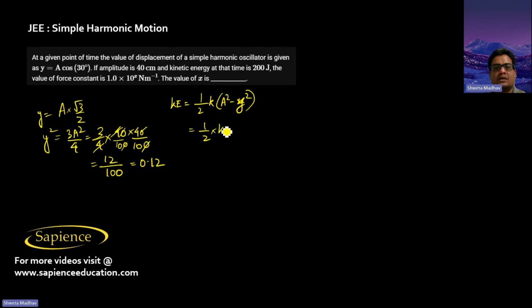So half into k into (a square, which is 0.4 whole square, minus 0.12).